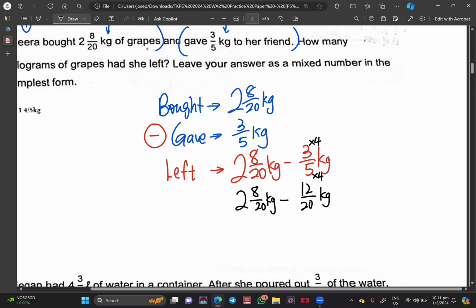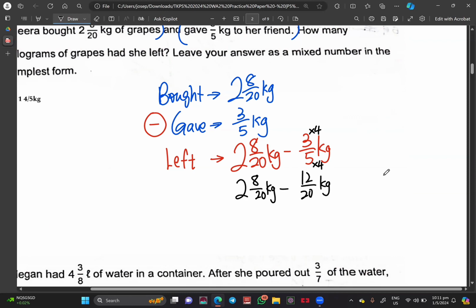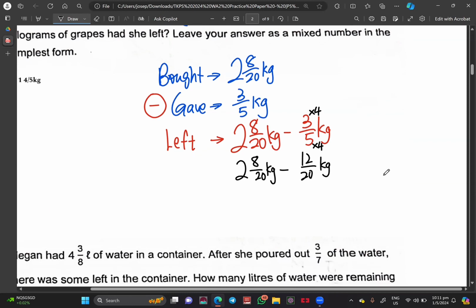But now I am faced with an issue. What issue is that? You cannot do 8 over 20 minus 12 over 20. So what should we do? Very simple. We can turn this into an improper fraction, which is something that most of you would do. So I'm going to go with that first. 2 times 20 is 40, 40 plus 8 gives me 48 over 20 kg.